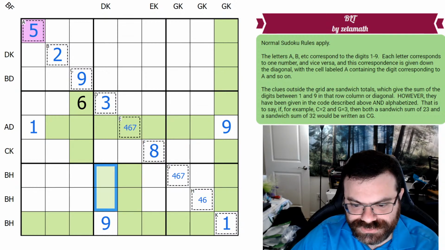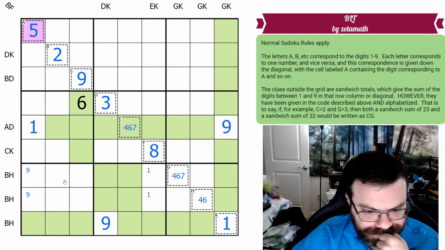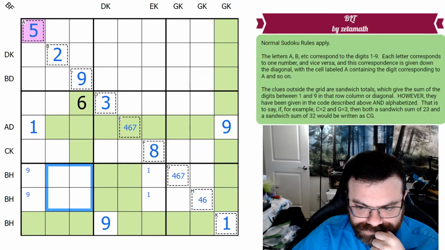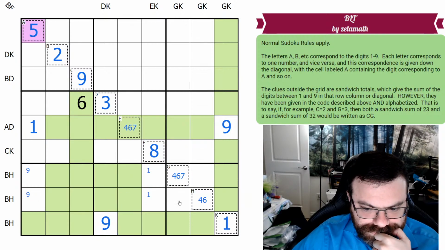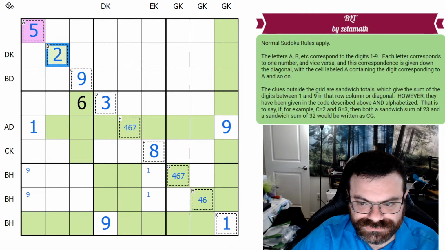Right, so that's true. So there's a 1 in one of these two, and a 9 in one of these two. Oh wait, I can't mark that. And then there's a 1, 9 spanning the middle somewhere. We know these aren't 1 or 9. Okay.